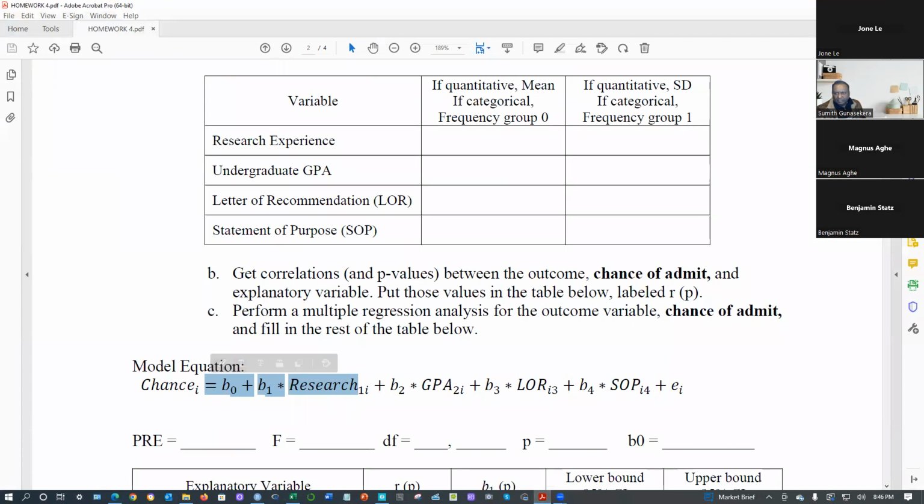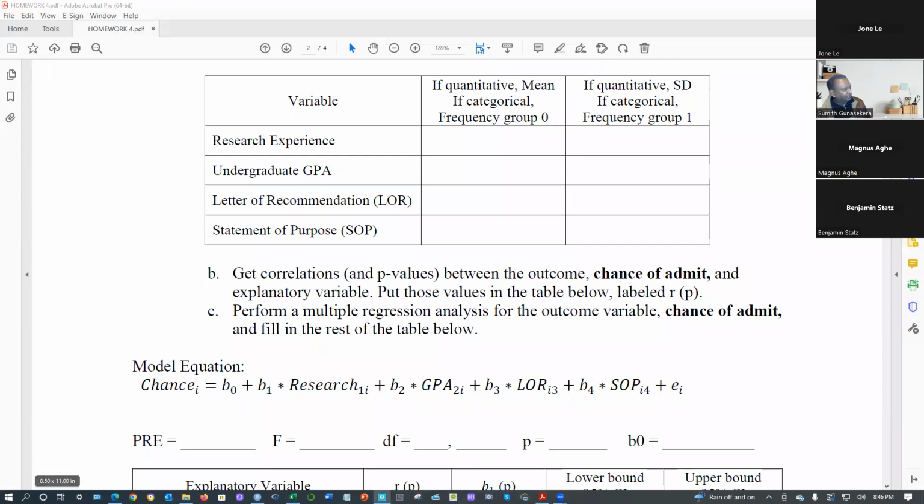Now you can see, instead of looking at one at a time, they're going to put all the variables through and see how it works. So it's called multiple linear regression. If you have one variable, we call it simple linear regression.